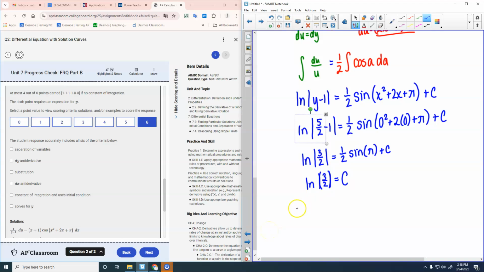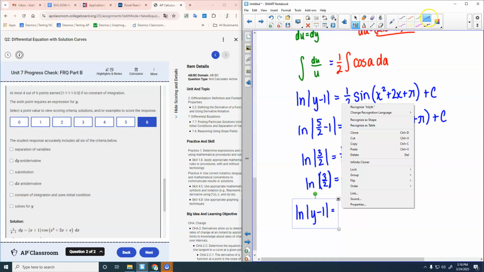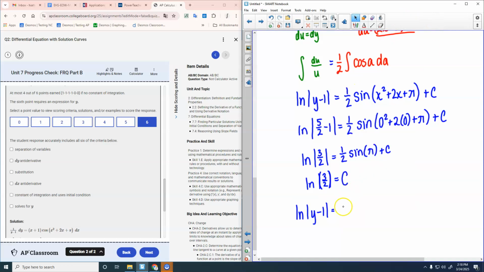So now my equation is natural log absolute value of y minus 1 equals 1/2 sine of x squared plus 2x plus pi plus the natural log of the absolute value of 3/2.